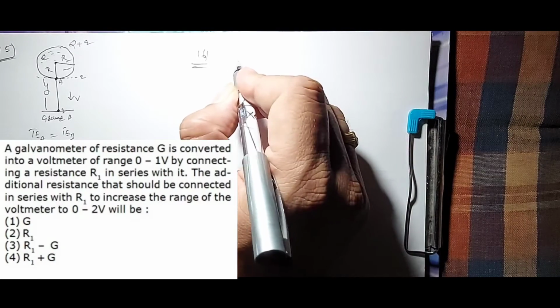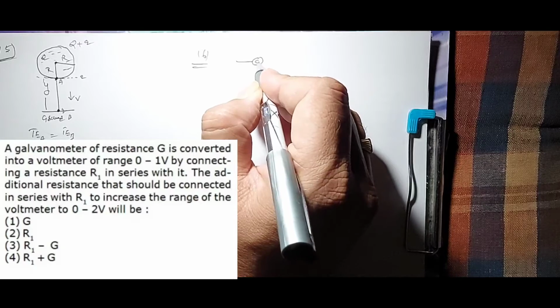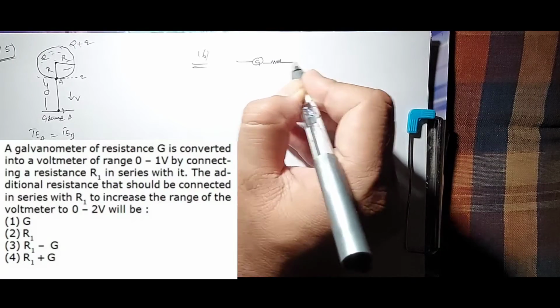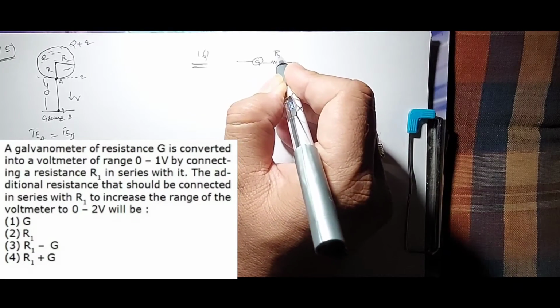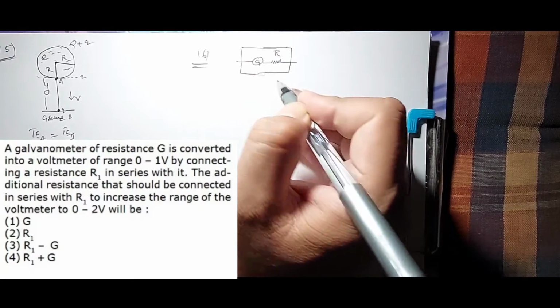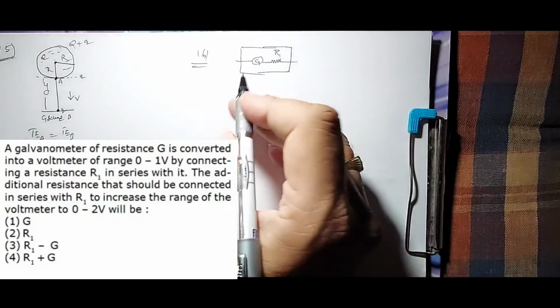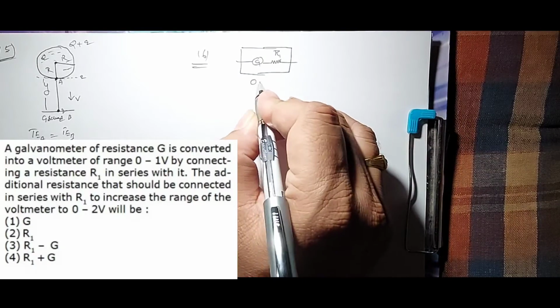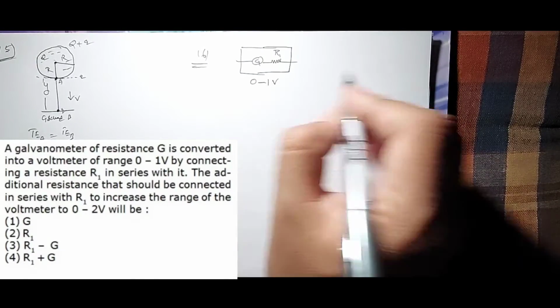So here this is the galvanometer. When the resistance R1 is connected in series to the galvanometer, it becomes a voltmeter. We know that it measures voltage in the range 0 to 1 volt.